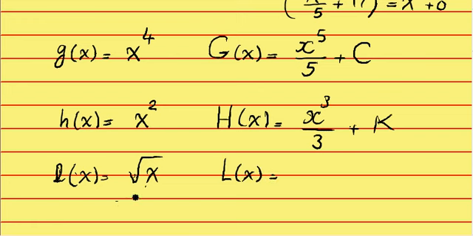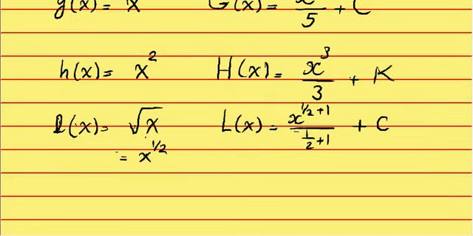Well, to prepare this, we write it in the exponent notation, x to the power of 1/2. And just as we learned here, we have to take that exponent, increase it by 1 notch, divide by the new exponent, and add some constant to it. Since these things are not related to each other, I could reuse these letters, but if the problem was connected, I had to be more careful.